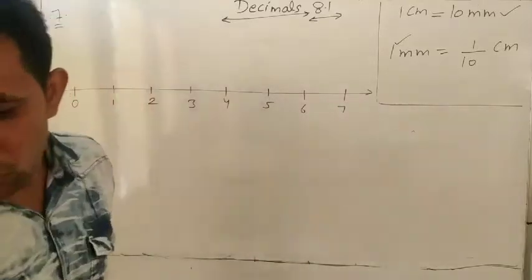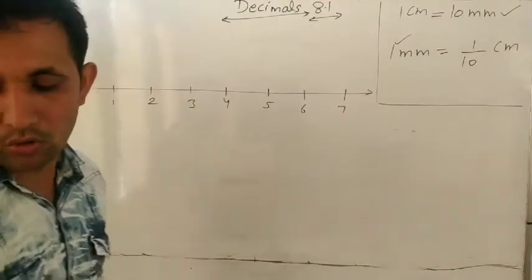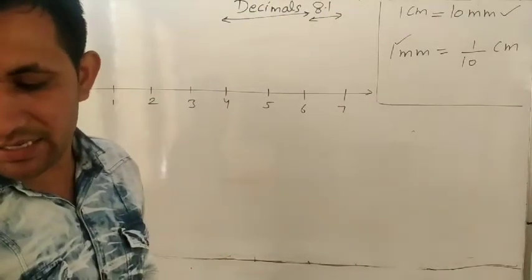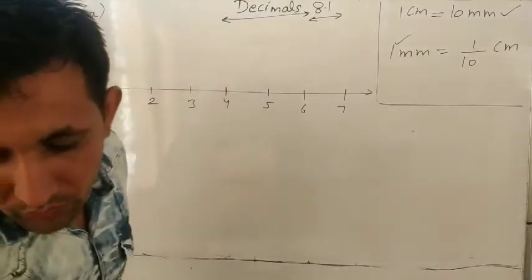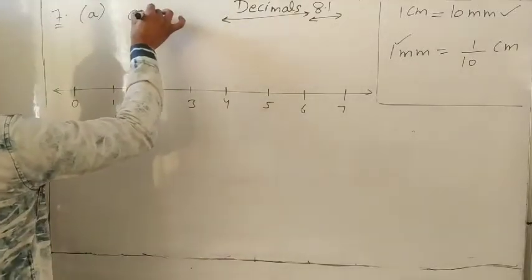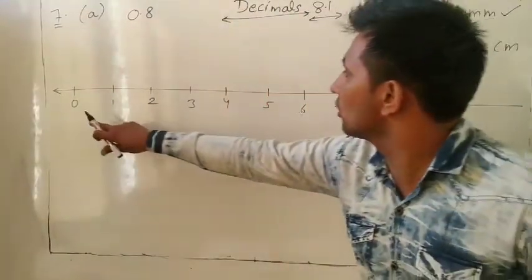Okay, like this one. So we have to find between which two whole numbers on the given number line. So first A part, which one? First is 0.8. So first we have to find where 0.8 will lie on the number line.